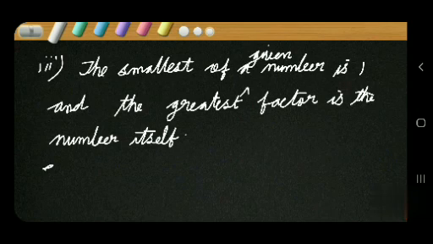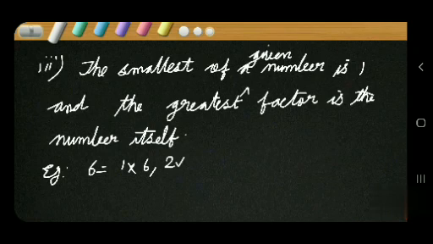Okay. Example: 6 is equal to 1 into 6, 2 into 3.